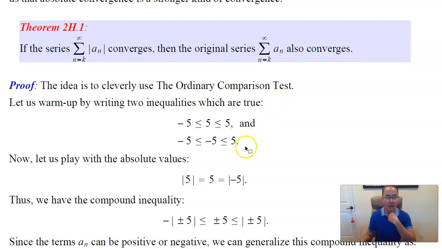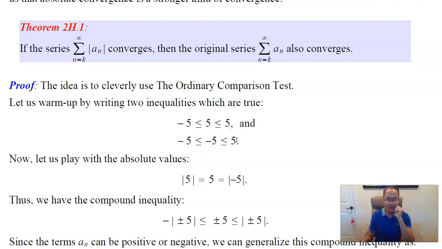All right, so here's a little warm-up. We have two inequalities involving 5 and -5. They're both true, aren't they? 5 is bigger than -5 and less than or equal to itself, 5. Similarly, -5 is at least -5 and definitely less than or equal to +5.